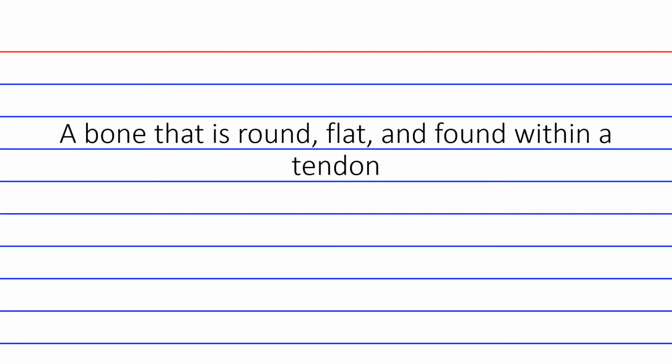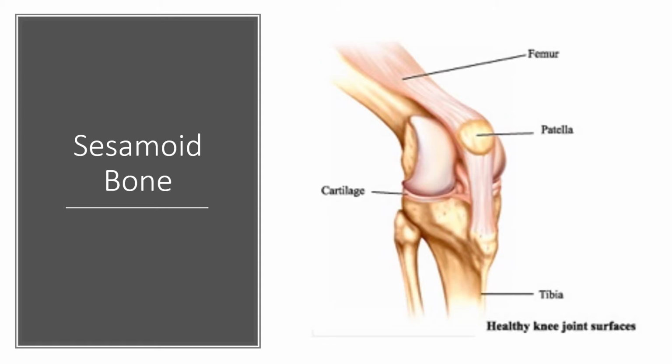This is a bone that is flat, round, and found within a tendon. The answer is a sesamoid bone, the best example being the patella, or the knee bone.